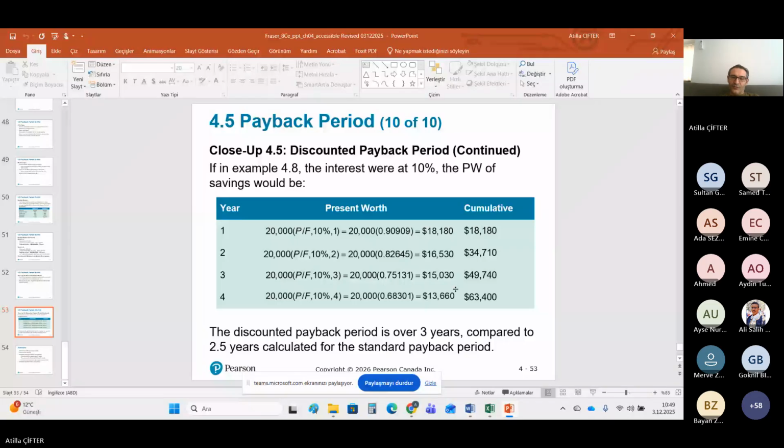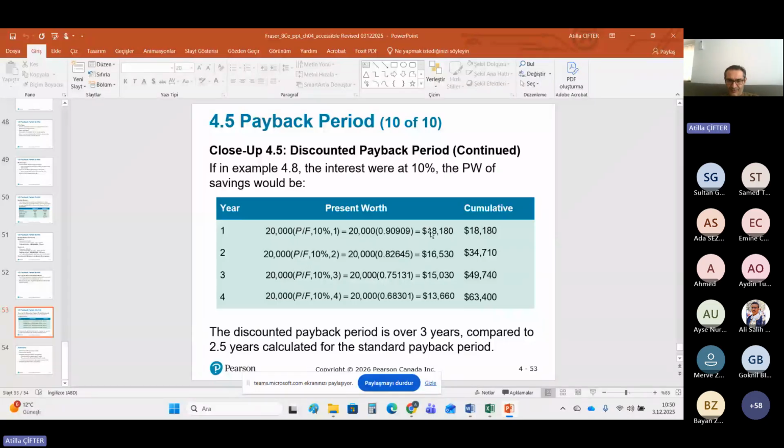And then, in this case, instead of using a simple formula, the cash outflow divided by annual cash inflow, you need to look at whether your investment is equal to, for instance, $40,000.